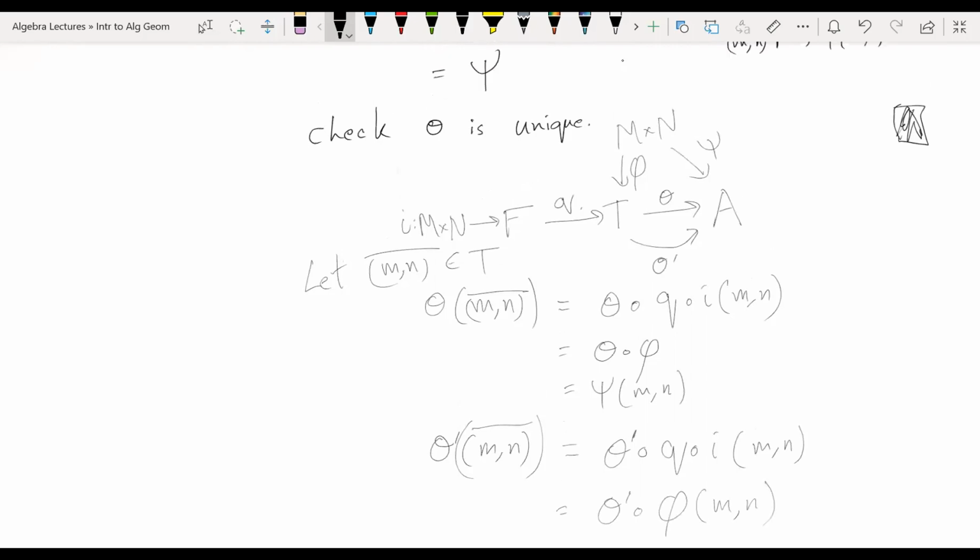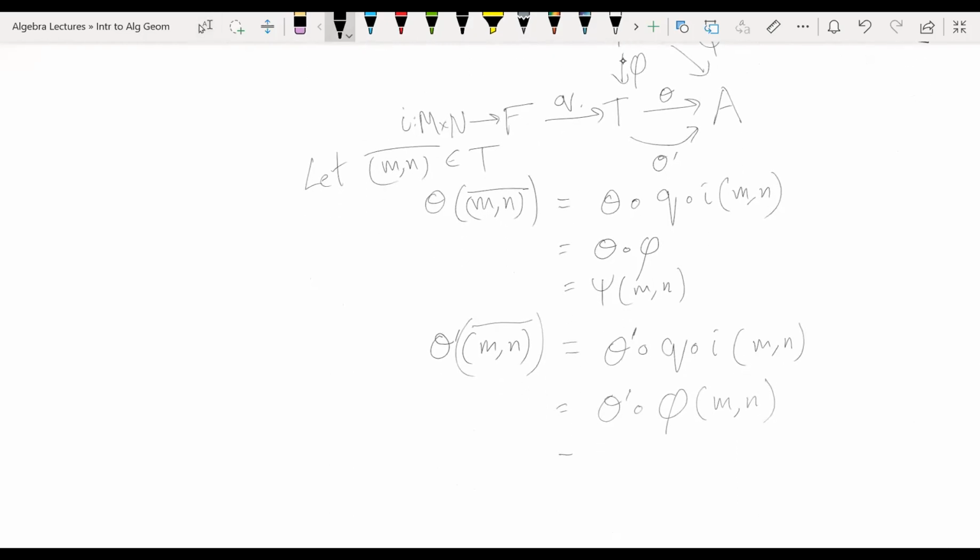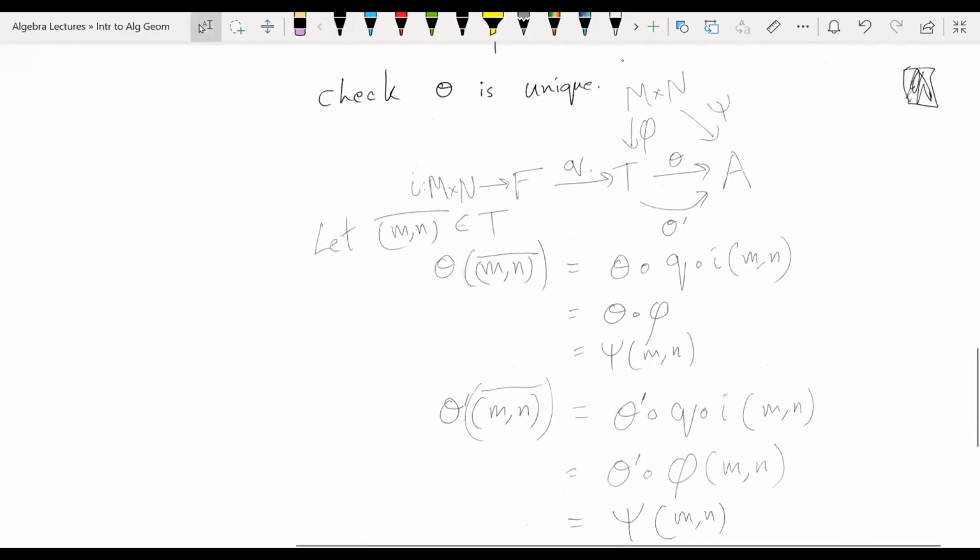And since theta prime makes this diagram commute, that tells you this is just c of m n. So that tells you that both theta of m n bar and theta prime of m n bar are both c of m n.